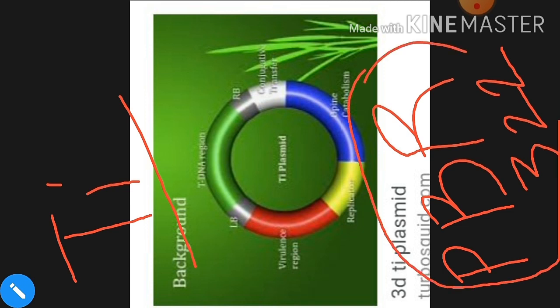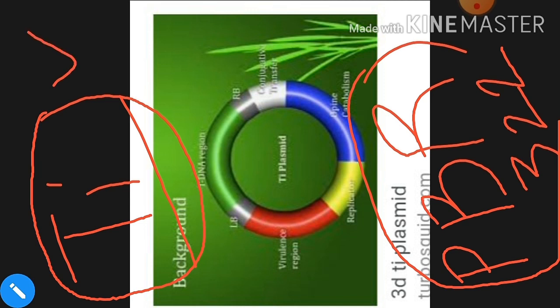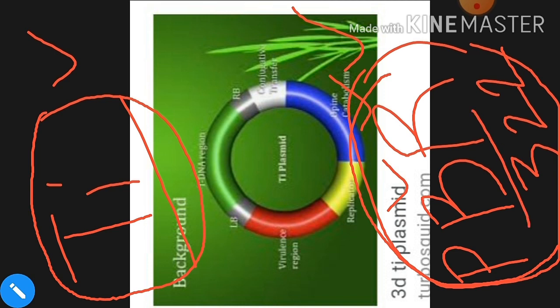So just like pBR322, this is another cloning vector. The Ti plasmid is also a cloning vector, and pBR322 is also a cloning vector, but pBR322 is an artificially synthesized cloning vector, made by the scientists Bolivar and Rodriguez.